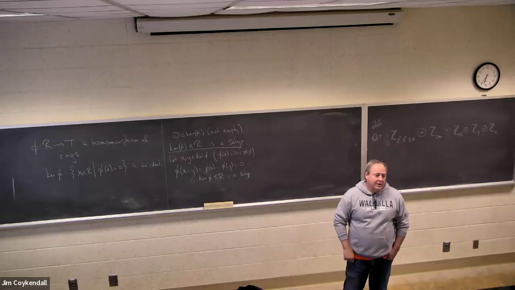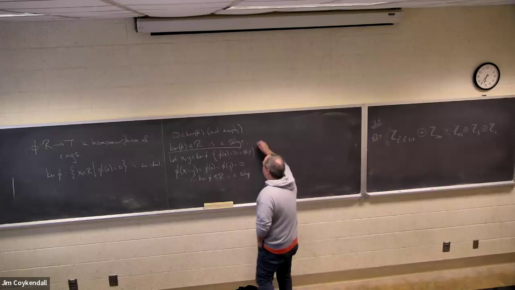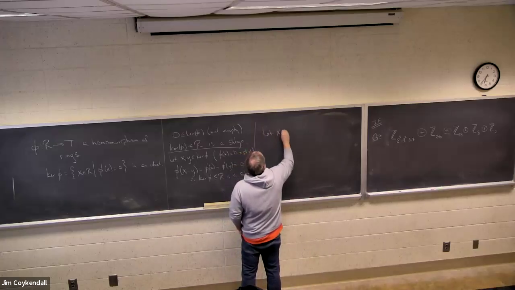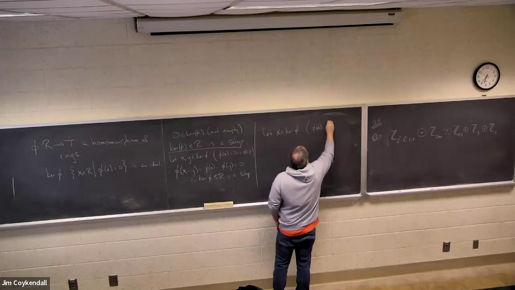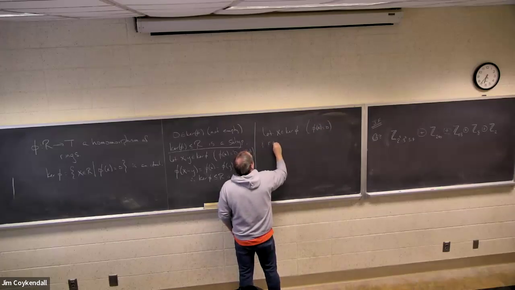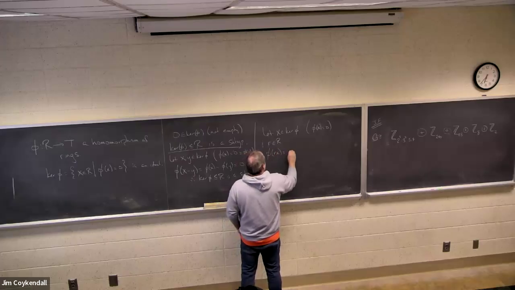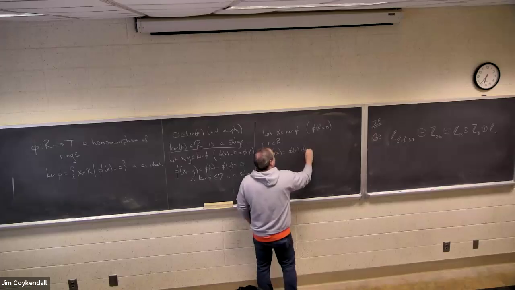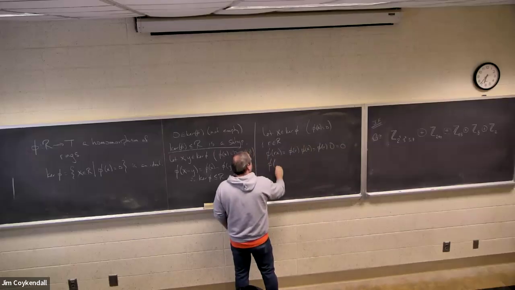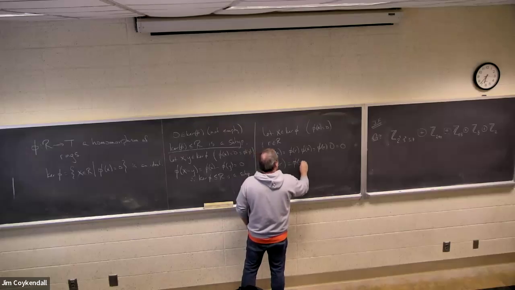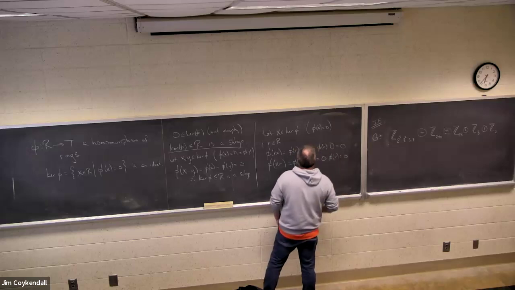Now, we have to show it's an ideal, it's absorbing. We've got to show it from both sides, since I didn't say it's commutative. So let x be in the kernel, so phi of x is zero, and then r in R. Well, if you look at phi of rx, it's phi of r times phi of x, just phi of r times zero, which is zero, and phi of xr is phi of x times phi of r, which is zero times phi of r, which is zero.